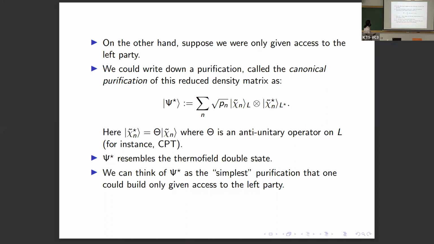Because of this anti-unitary operator sitting outside here, those phases are going to cancel out. So this choice is canonical because this theta makes sure that the ambiguity in the choice of phase of the eigenvector of the reduced density matrix on the left factor does not appear in this expression.